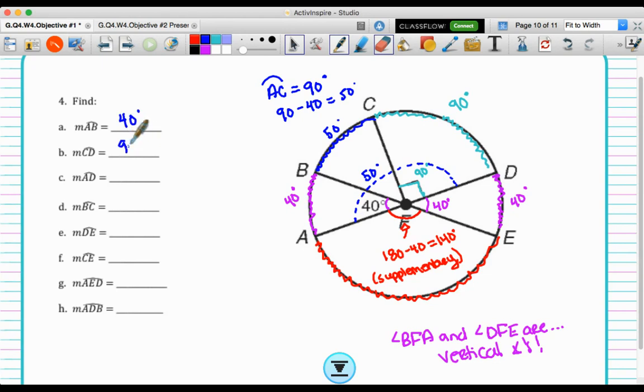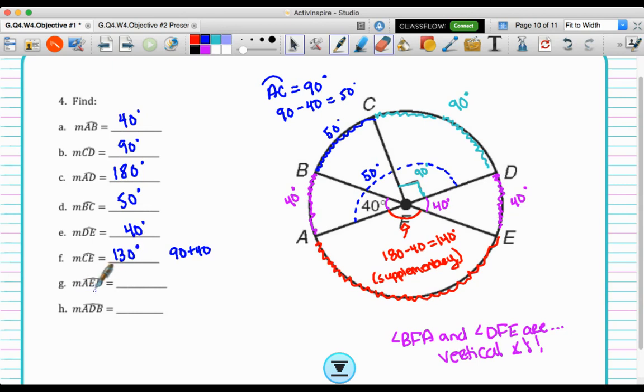So arc AB, let's just fill this in, is 40 degrees. CD, we know, is 90. AD, what is the measure from A all the way over to D? 180. What about BC? Oh, 50. Isn't it nice when we already have it done? DE, 40. CE, how do you get C to E? 90 plus 40? 130.